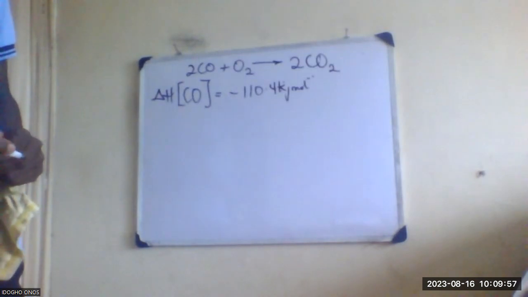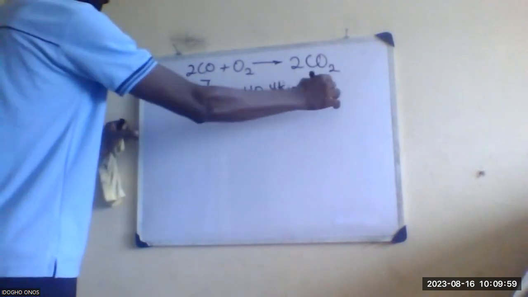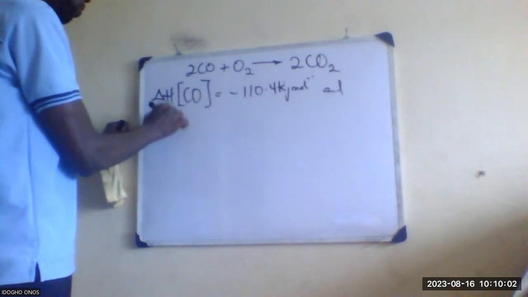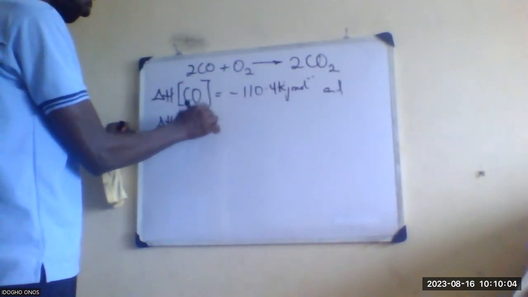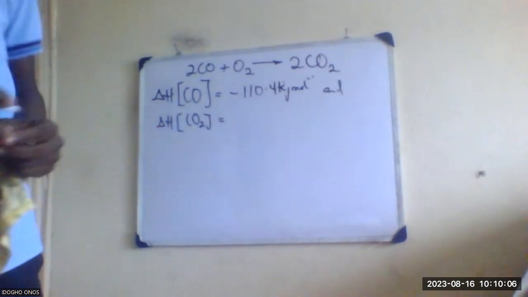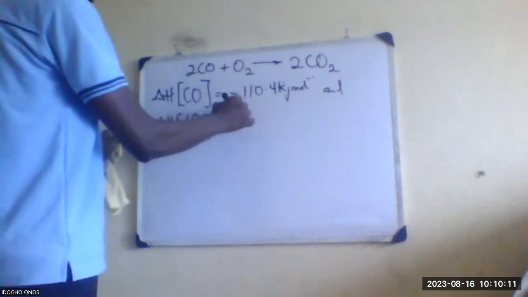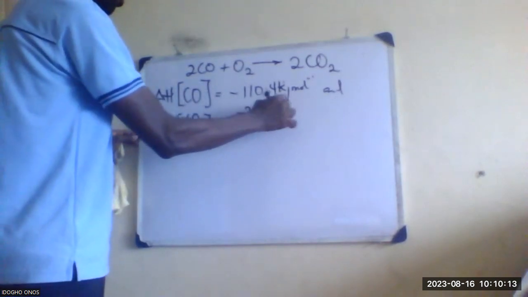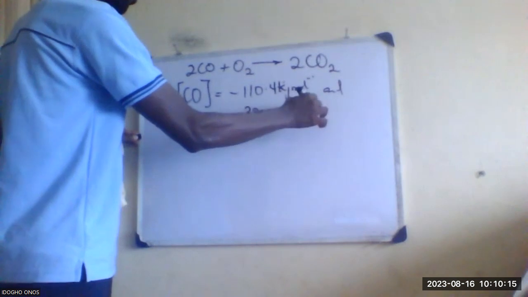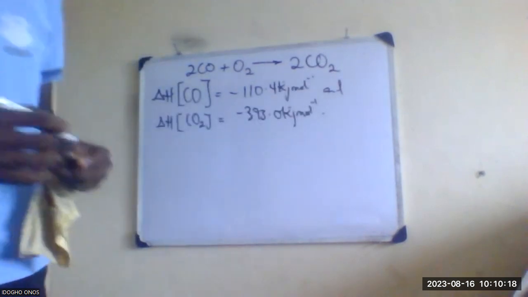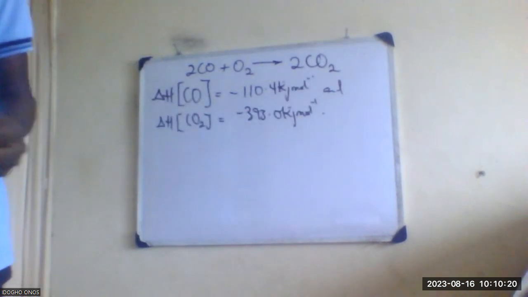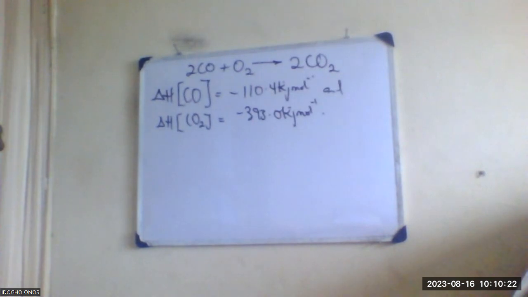And again, the enthalpy change of CO2 equals minus 393.0 kilojoules per mole. Calculate the enthalpy change, or the energy change, for the reaction above.